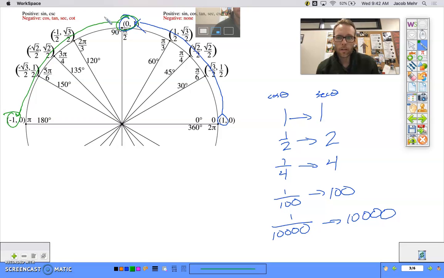But right here, the cosine might be, I don't know, -1/10. And what's the reciprocal of -1/10? -10. Or if I was a little bit closer, if it was at -1,000th, just a hair bit over, the reciprocal of that would be -1,000.